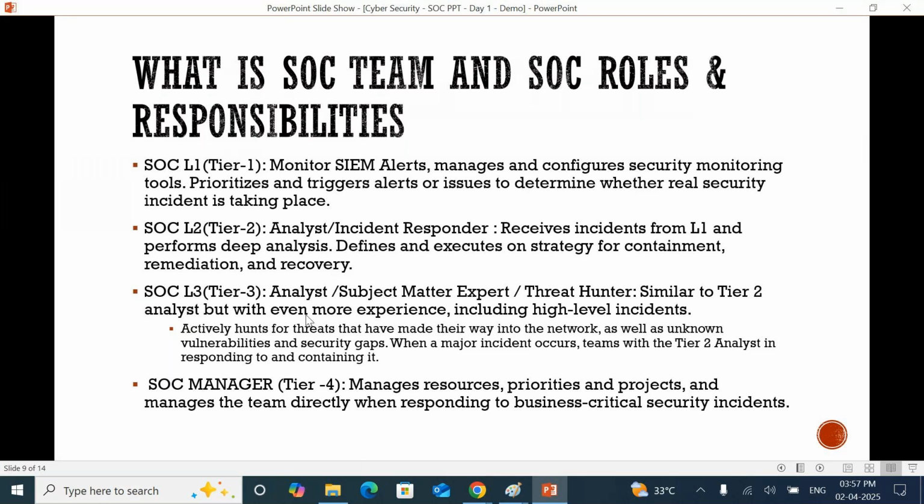L3 analyst, subject matter expert, threat hunting: similar to tier 2 but with even more experience, including high-level incidents also. Almost I will cover L1, L2, L3, sir. Manager level: manages resources, priorities and projects, and manages the team directly when responding to business-critical and security incidents.